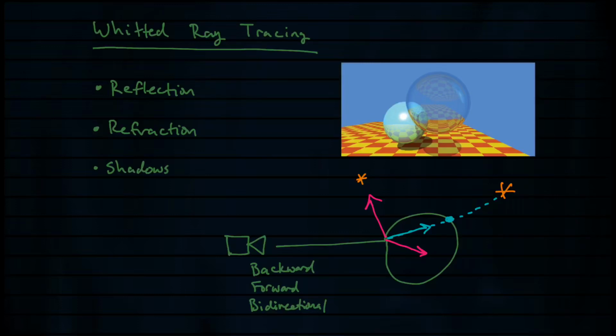Now, Whitted ray tracing is pretty interesting, but it's also pretty well understood. But it doesn't necessarily play well with programmable shaders. So we're going to take a look at a new concept, which is programmable ray tracing. So let's talk about programmable ray tracing.